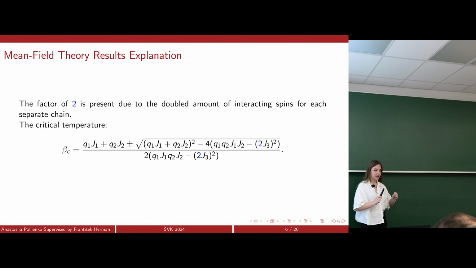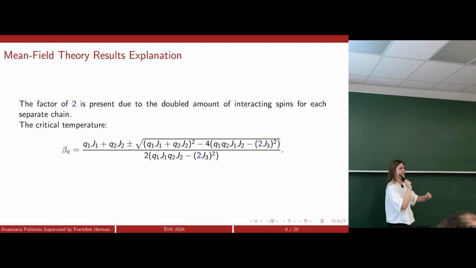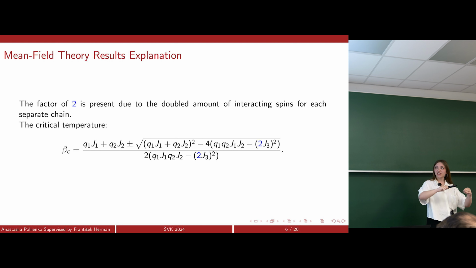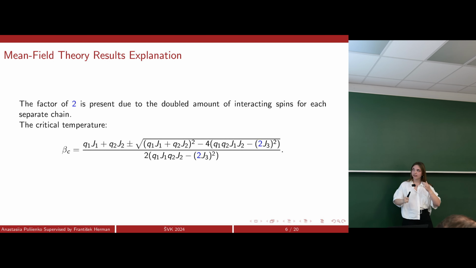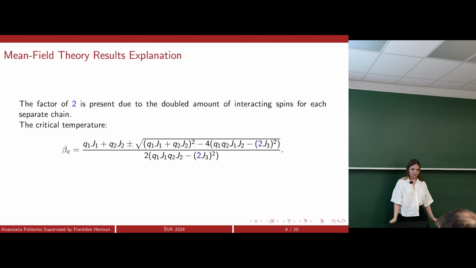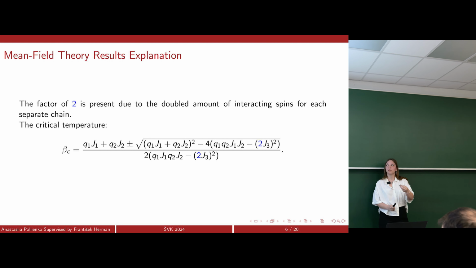We can explain it by the presence of a doubled amount of interacting spins: each spin in the lower chain in the ladder model interacts with one in the upper, while in the alternatively coupled model, it interacts with 2. So, such are the results for mean field theory. And let's see if some other methods will provide us more differences with the ladder model.